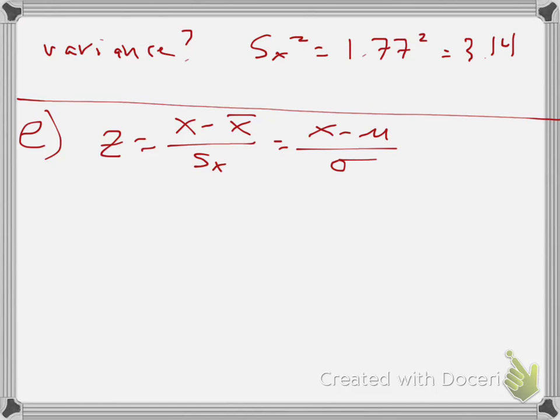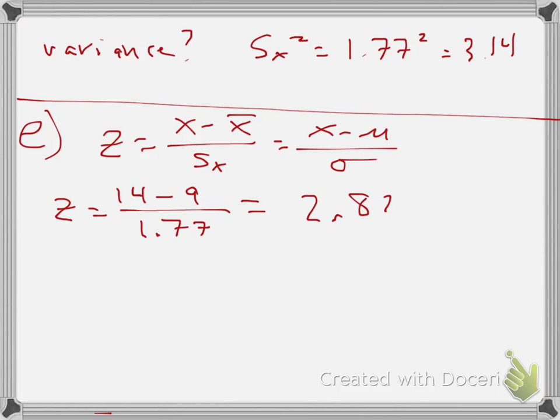We'll consider this a sample of 15 days out of thousands and thousands of days that the round pond has ducks. So this is going to be 14, which was our observed number. The mean was 9 exactly, and our standard deviation was 1.77. Divide all those, I got 2.82. Again, we'll round these to 2 decimal places.